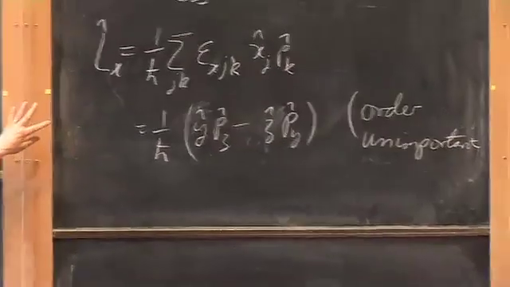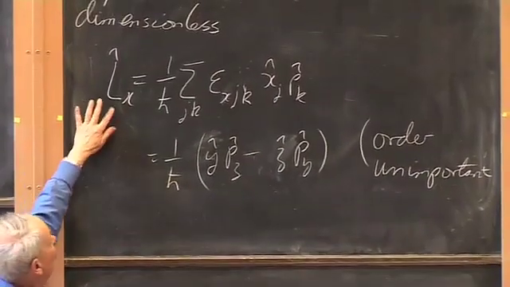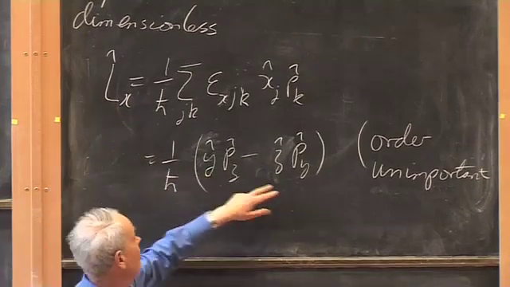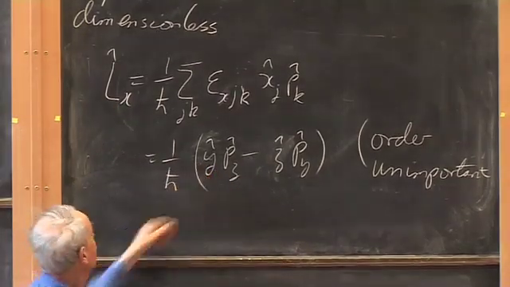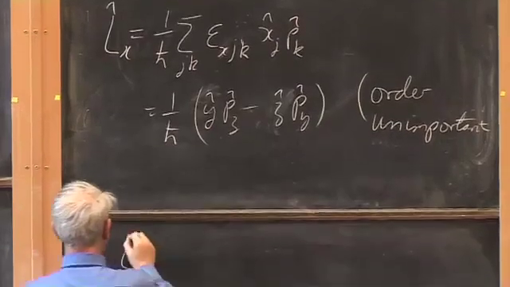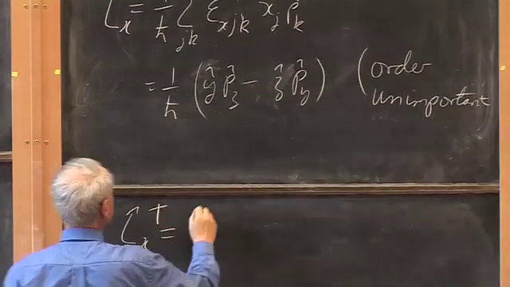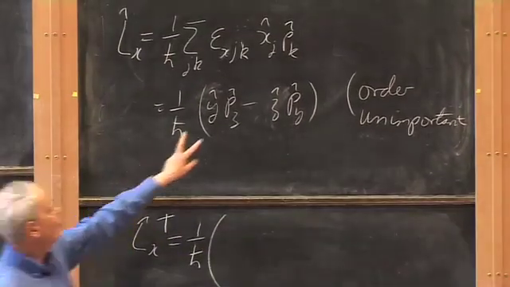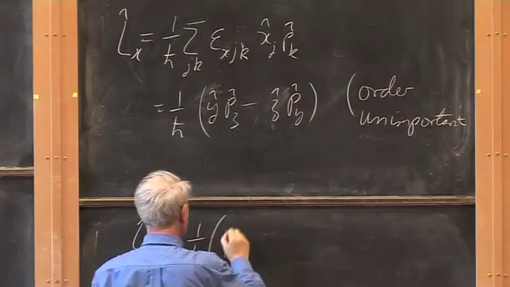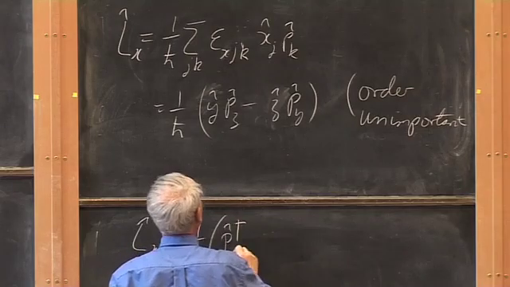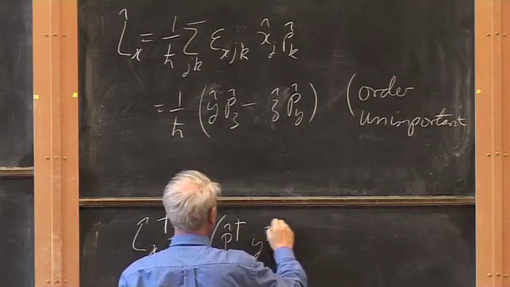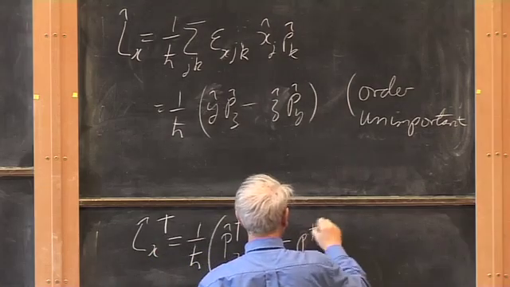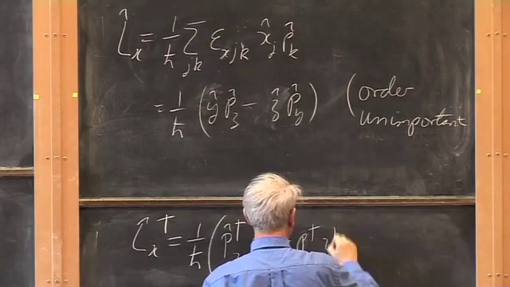Lx is also going to be a Hermitian operator, because if we take the dagger of this equation, we will have the dagger of y. Well, let's do it. Lx dagger is going to be 1 over h bar. The rule is when you take the Hermitian adjoint, you have to reverse the order of the operators, so it's going to be p_z dagger y dagger minus p_y dagger z dagger.